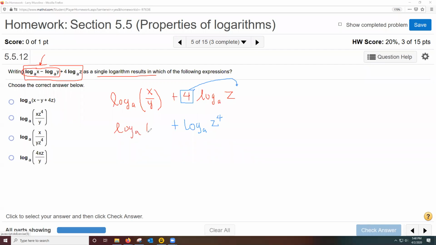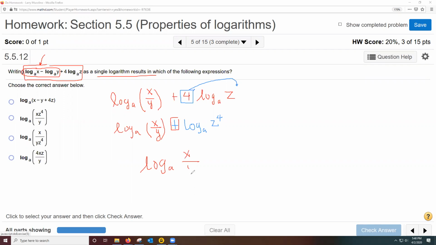All right, one last step, because remember, they want me to combine this into a single log. I'm not done yet, because right now I still have two log expressions, but I want to get them combined to one. But I'm noticing I have a plus sign here. Well, when you add two logs, you can rewrite it as a multiplication. So now I'm going to take log base a and convert this into a multiplication.